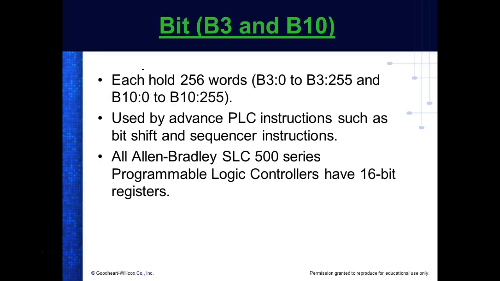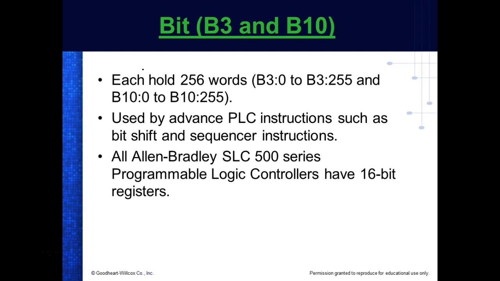Here are our B3 files. B3s are our bit files. This is what we use for bit addressing. We can use these for other things, but they're primarily used for internal coils. In motor controls we call these guys control relays, and they're given that name because their contact never leaves the control circuit.